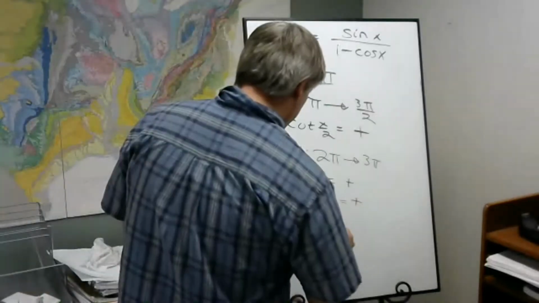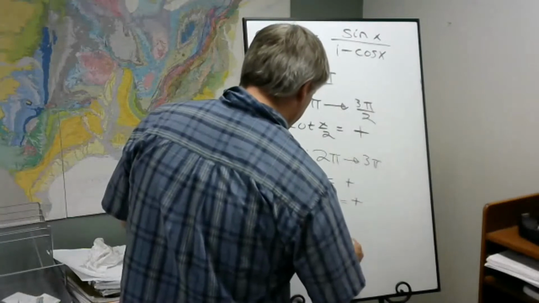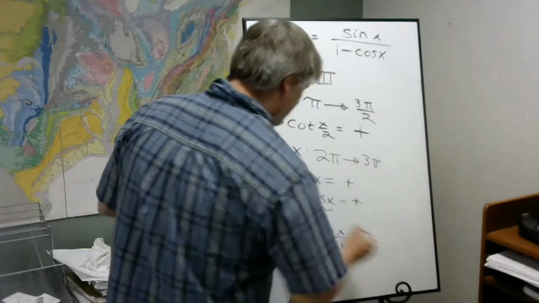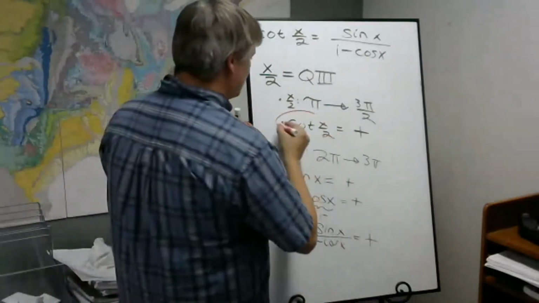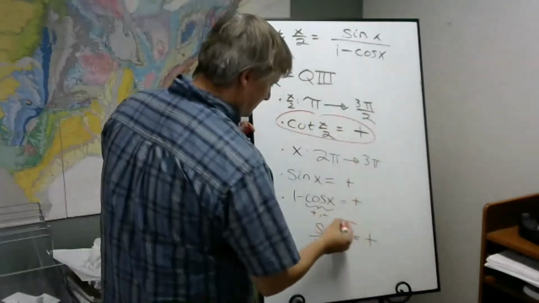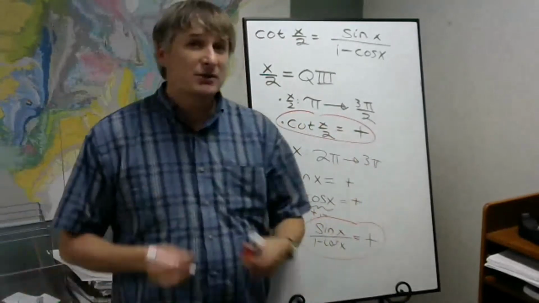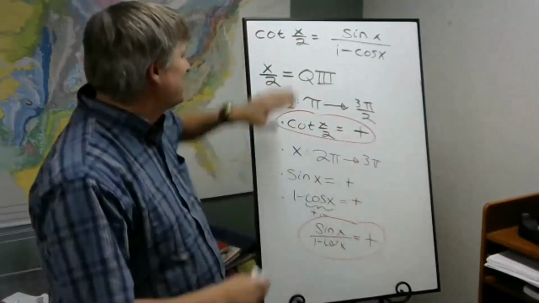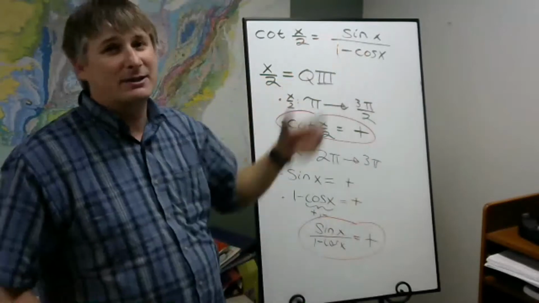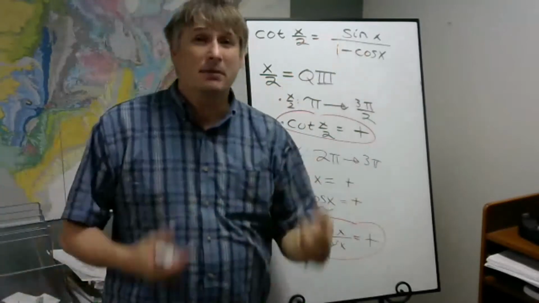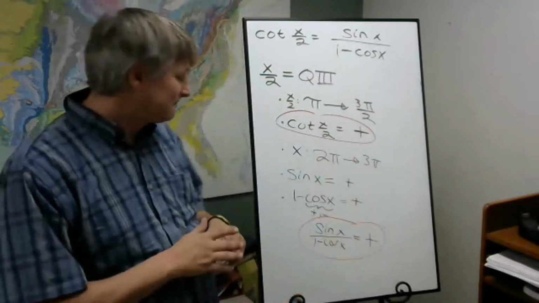So that means sine x over 1 minus cosine x is going to be positive. And the cotangent in this expression, they match up. We don't have to have a correction minus sign. Like if this was positive and this was negative, we'd need another negative in front to get the double negative effect to make it positive. So we don't need that correction negative.